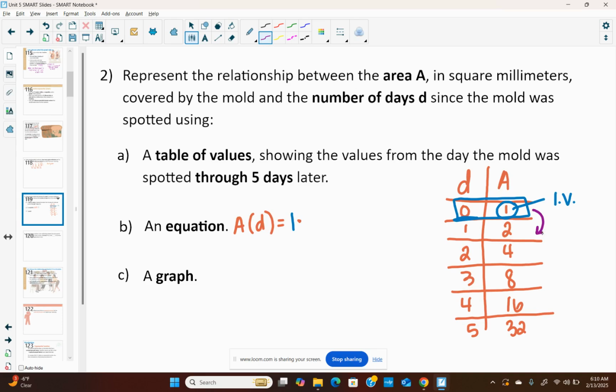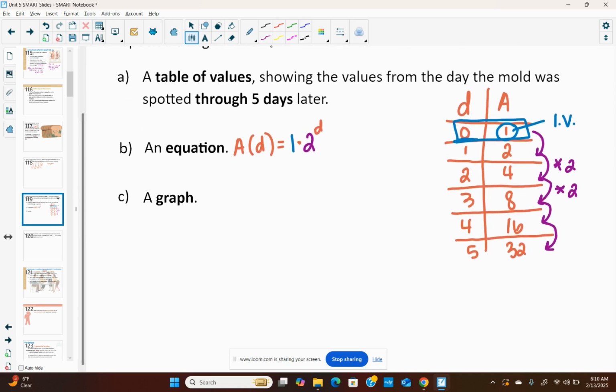The growth factor is how much it's changing over each equivalent ratio of time. So what's it multiplying by? And so remember, we knew that this was multiplying by 2 each time. So that's our growth factor. And then our variable is an exponent here since it's repeat multiplication. So our equation would be the area as a function of days is equal to 1 times 2 to the d power.